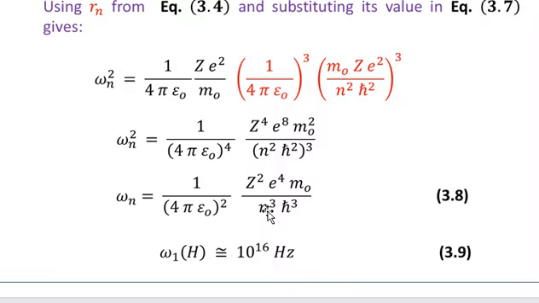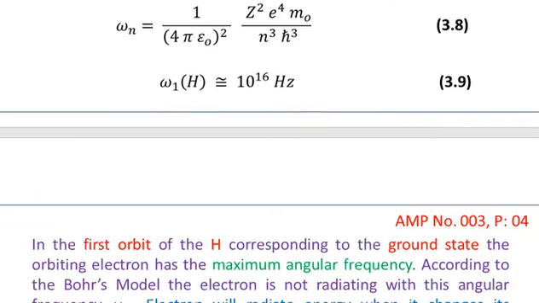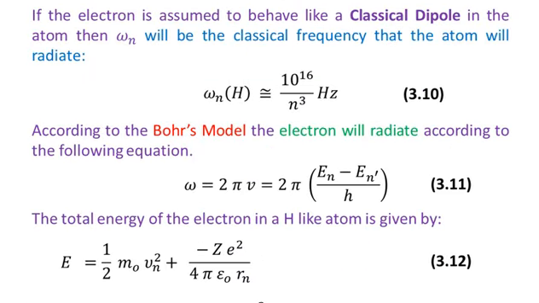But if you keep the value of n general and substitute the rest of the parameters, then equation number 3.8 can be written as omega n, that is omega corresponding to the nth state of the electron in the hydrogen atom, approximately equal to 10 to the power 16 divided by n cube, in hertz. So it is obvious that with higher value of n, the angular frequency will decrease by a factor of n to the power 3.